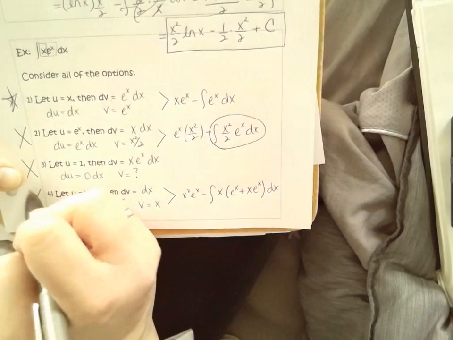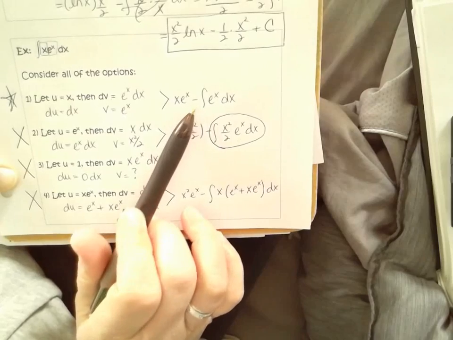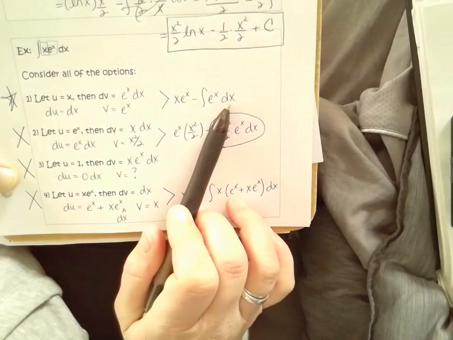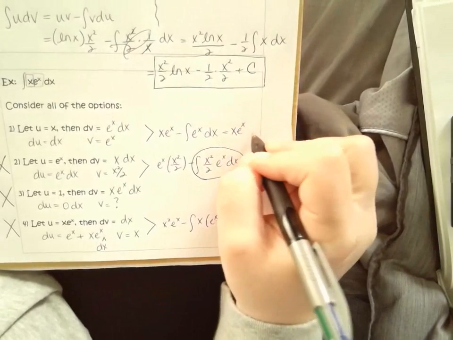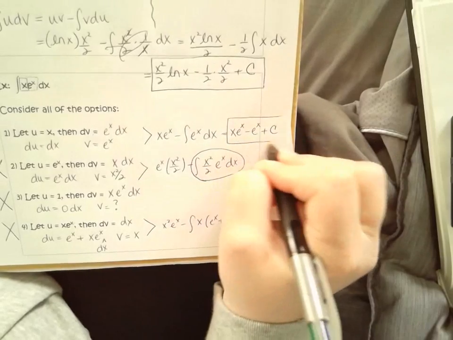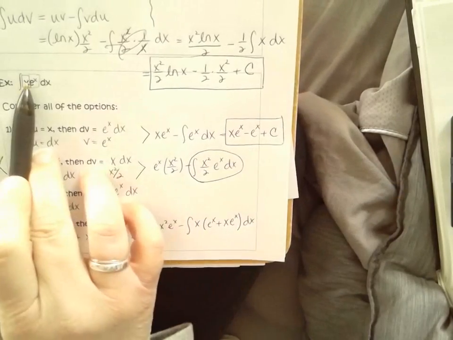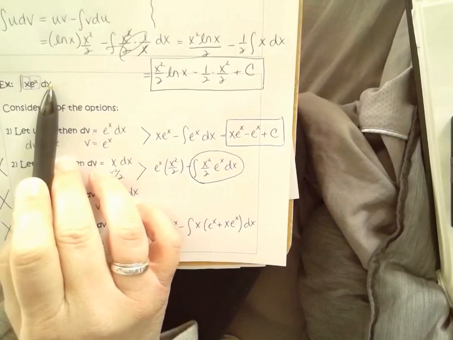We don't want to go any more complicated. We want to stick to something that is solvable and settle there. Finally, we would integrate this, and you would have for a final answer x e to the x minus e to the x plus c. A solvable antiderivative from something we couldn't break apart as is.